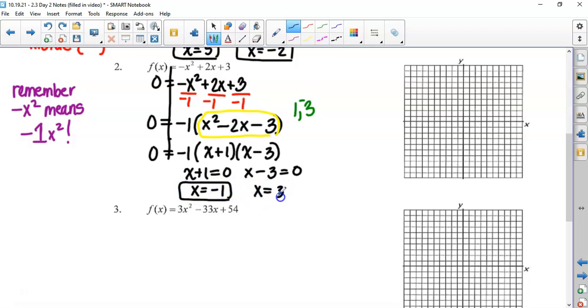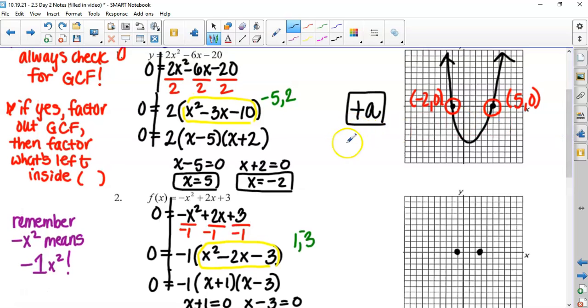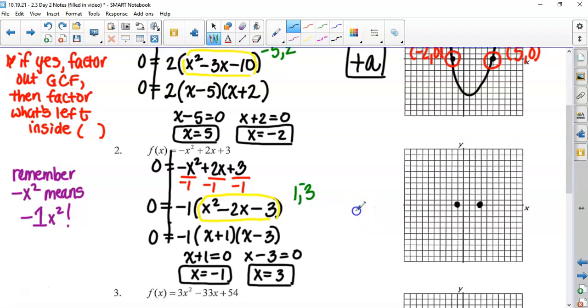This gets us 3. Those are our x-intercepts. 1, 2, 3. Negative 1 is right there. To know how to graph, remember we're going to look at the sign of a. So for us, a is negative, right? A was a negative 1. So negative a means this graph is going to open down.